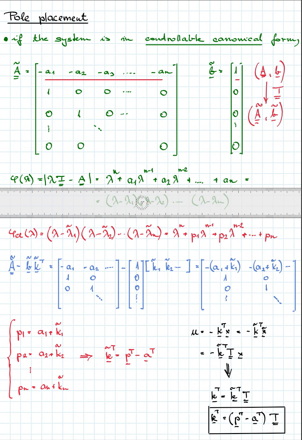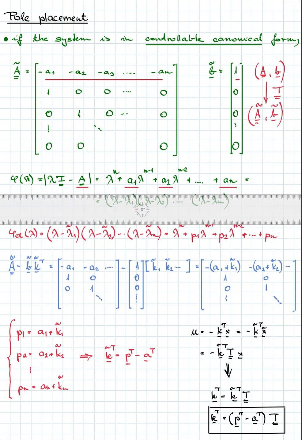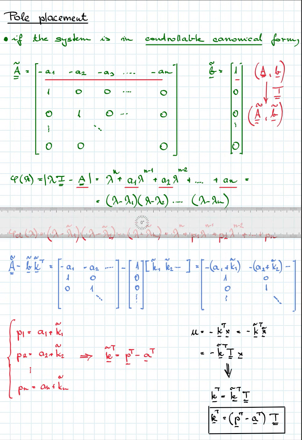And these coefficients a1, a2, and an appear in the first row of A tilde. And this is the open loop system A. It means that we can calculate lambda 1, lambda 2, etc., lambda n. That is, we can calculate the eigenvalues of the open loop system.